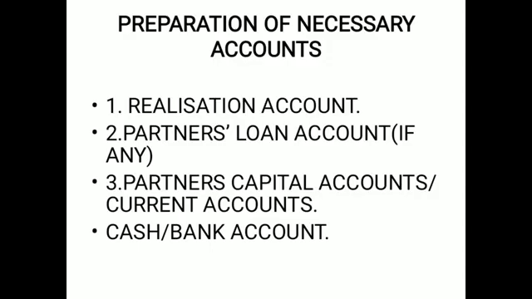Then partners' capital accounts or current accounts. Finally, the cash and bank account. So these are the accounts to be prepared at the time of dissolution, during the closing down of the partnership firm.